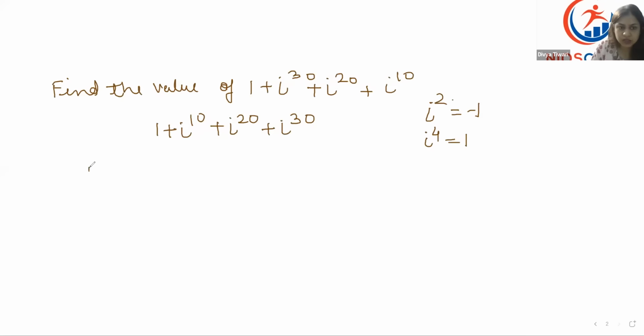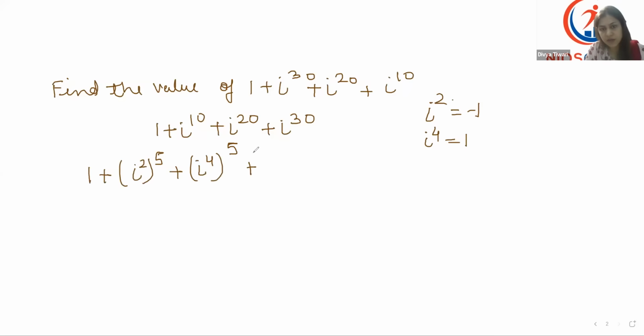So let's start. Iota power 10 is iota power 2 raised to power 5, is it okay? Now iota power 20 I can do as iota power 4 raised to power 5. Here iota power 30, we can break it in two ways.